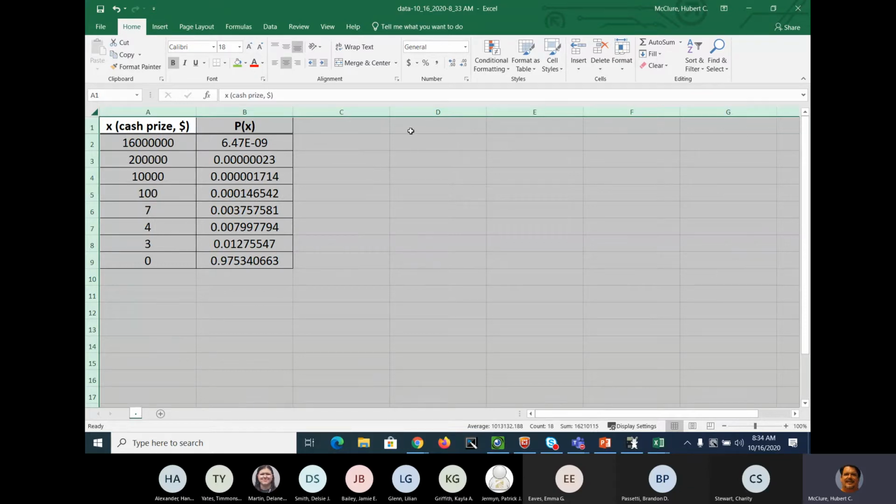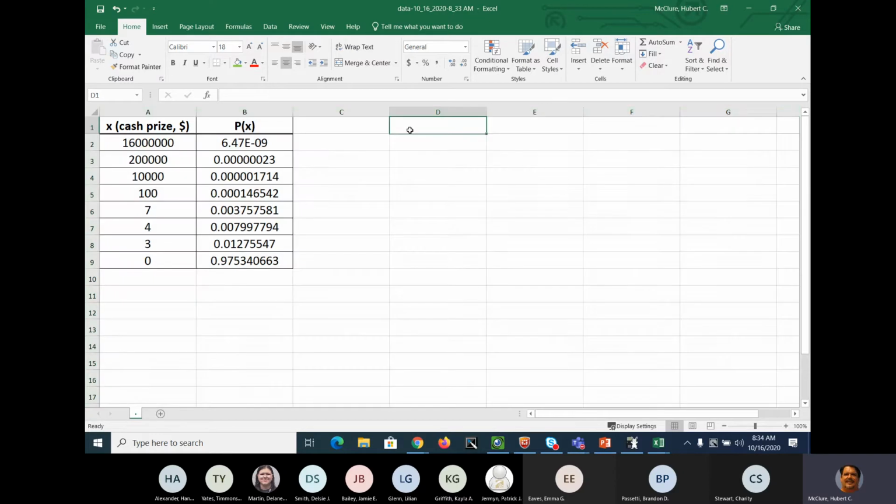So if I wanted to find the mean or the expected value, I just do X times P of X, just like your insurance, except with insurance and gambling, it's called expected value. I'm going to take this guy and multiply it by this guy and enter. And I'm going to copy that down.